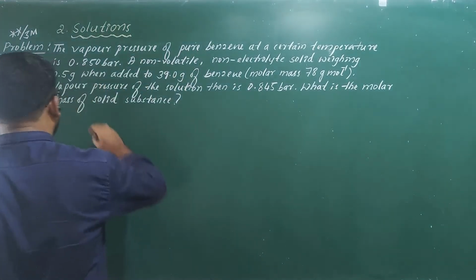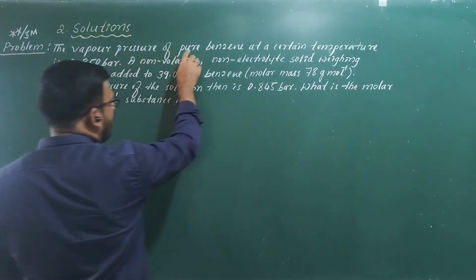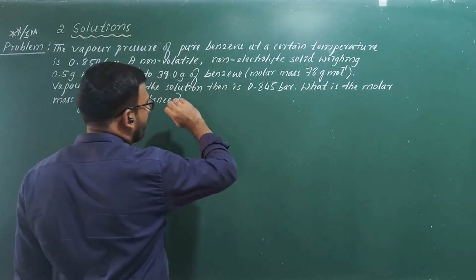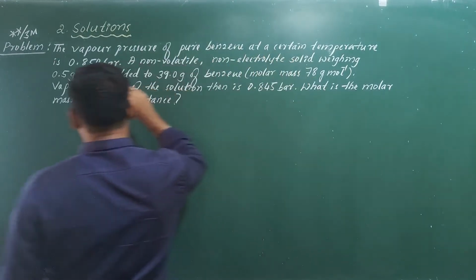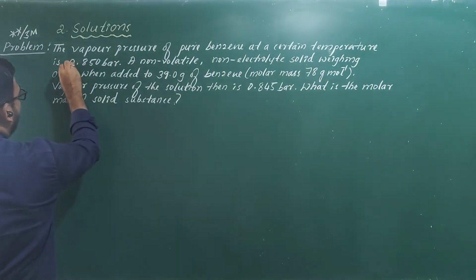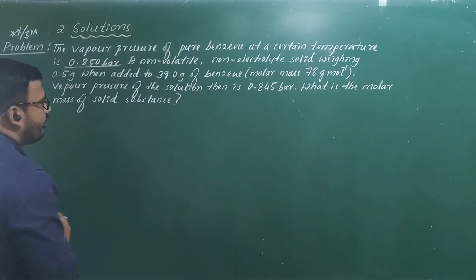It goes like this. The vapor pressure of pure benzene at a certain temperature is 0.850 bar.